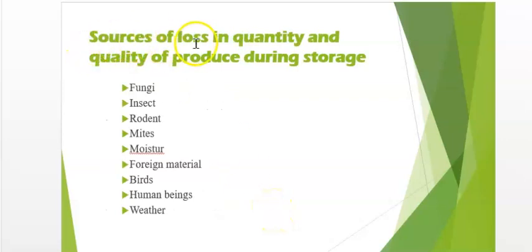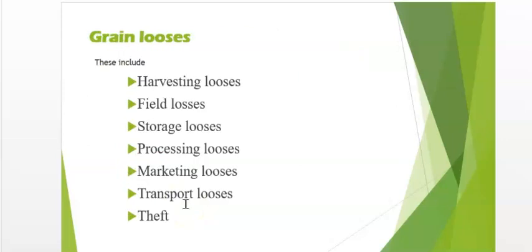Let's look at the sources of loss in quantity and quality of farm produce during storage. So we have the fungi, the insects, the rodents, the mites, the moisture, the foreign materials, bugs, human beings, and lastly, the weather. So, grain losses.